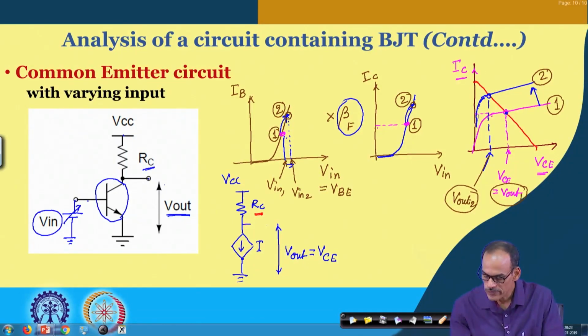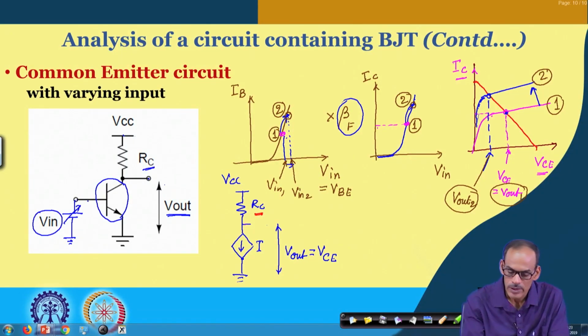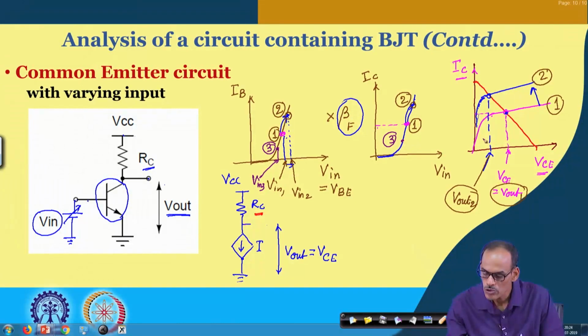Likewise, on the other hand, if we decrease the input voltage to a lower value, say here, let me call this V in 3. That gives us, say, collector current somewhere here, and that gives us the pull down characteristic here.